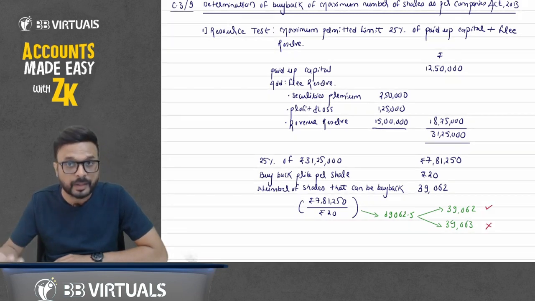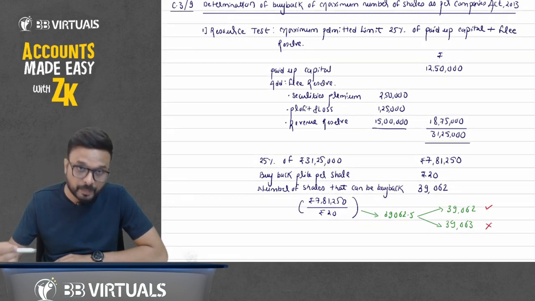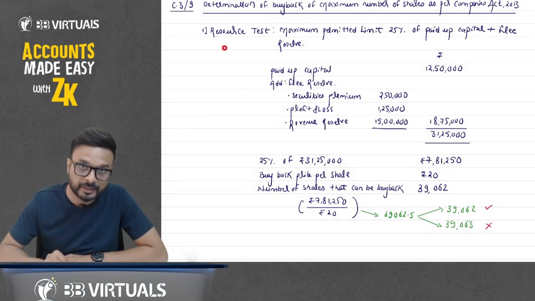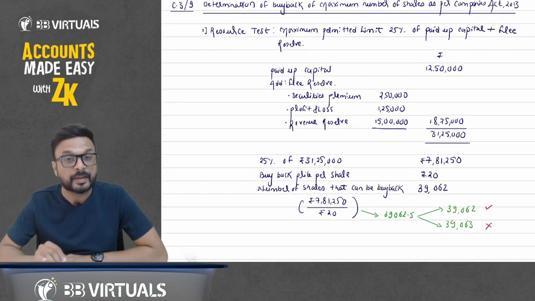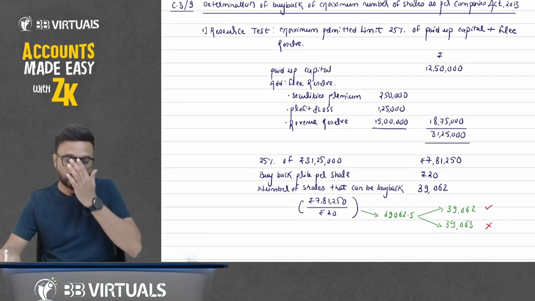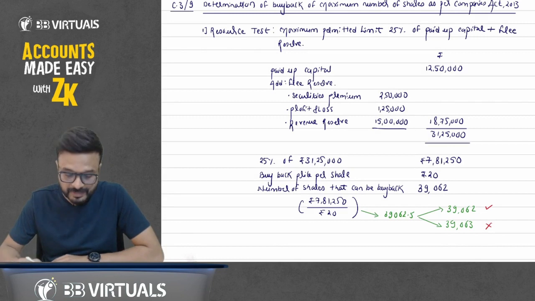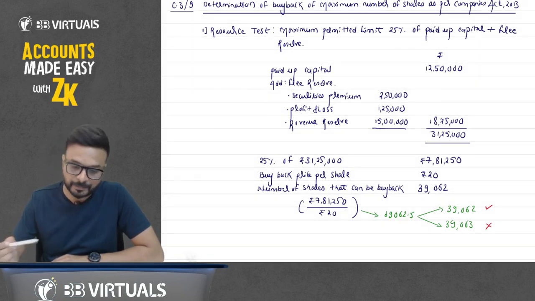Some of you may say, but why, sir? If you round it off to 63, what happens? It means that as per the resource test, the maximum number of shares that we can buy back is 39,063.